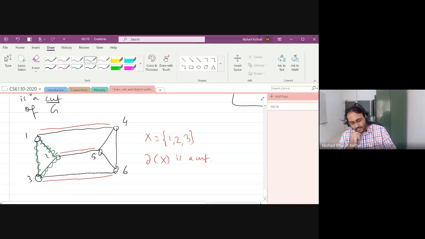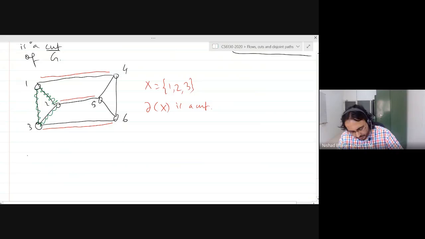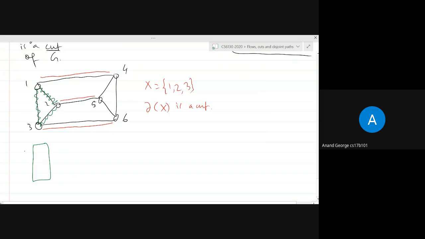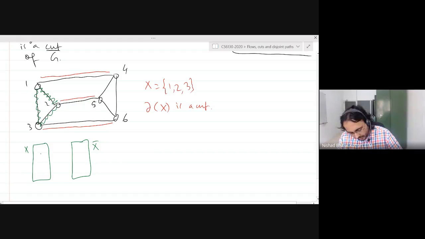No. Why is it no? Because we get that 1 and 2 must be on different sides of the partition, 2 and 3, and 3 and 1, but that's never possible. Because if you want this to be a cut, then 1 and 2 have to be on different sides, and now 2 and 3 have to be on different sides, and now you have a problem because 1 and 3 also need to be on different sides.